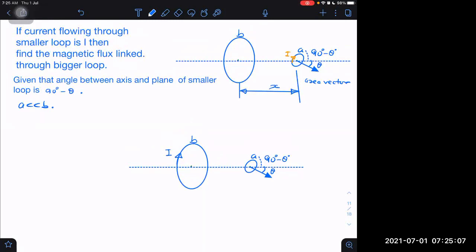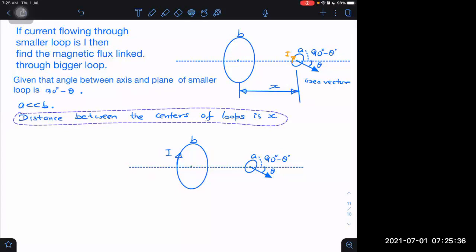Okay. Distance between the centers of the loops is x.